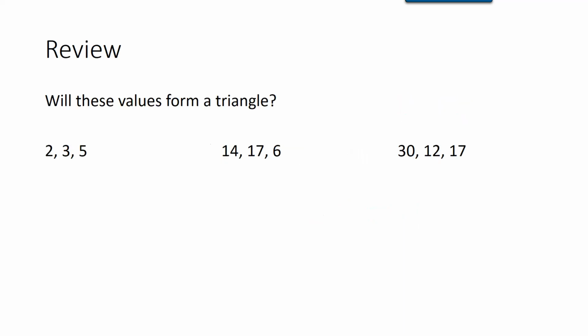So let's review a little bit. The first thing we want to review is how we tell whether we can form a triangle. If you think back, like I said, we talked about this in Unit 3.